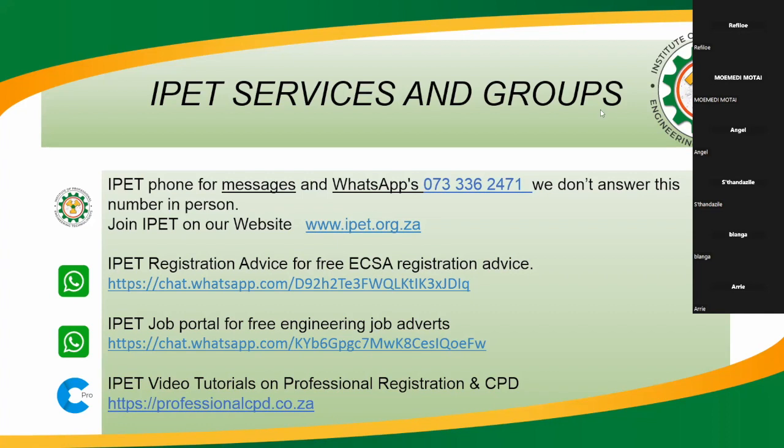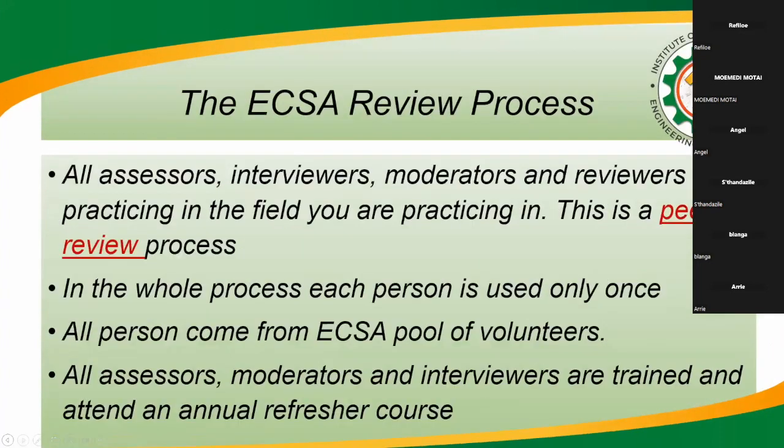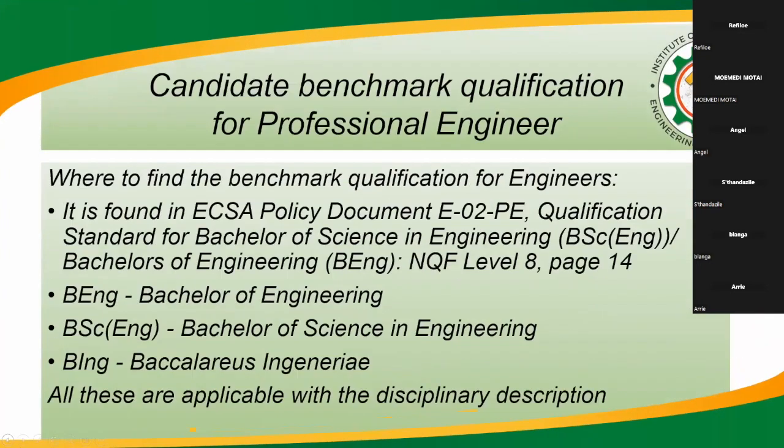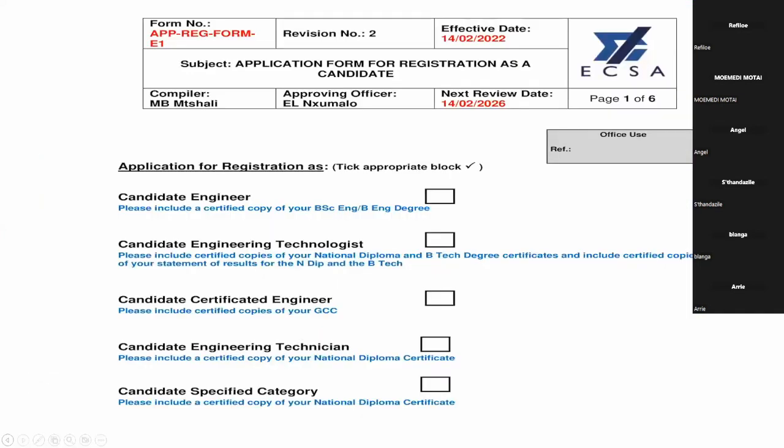Let me try and go back there. It's going to be a long process. But the point is that you can register as a candidate immediately after you have qualified. You don't have to have any experience to register as a candidate. If you read there, candidate engineer, please include a certified copy of your BSc, BEng degree.